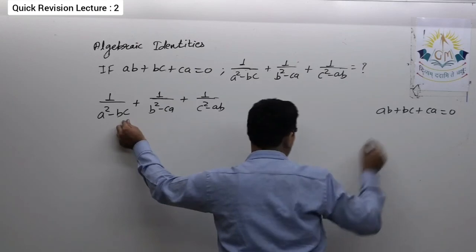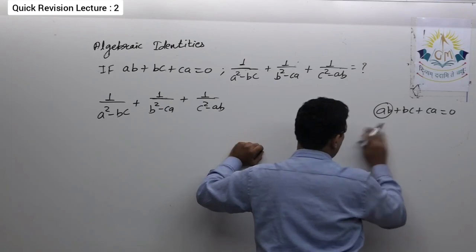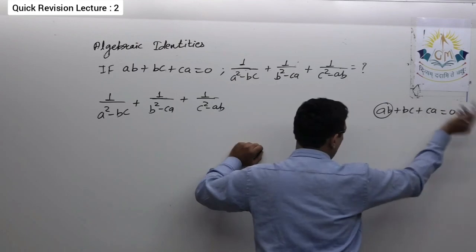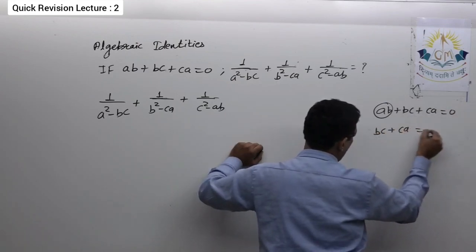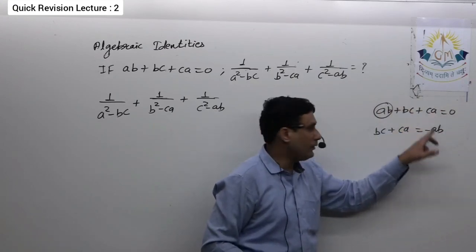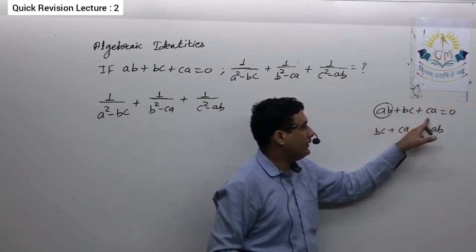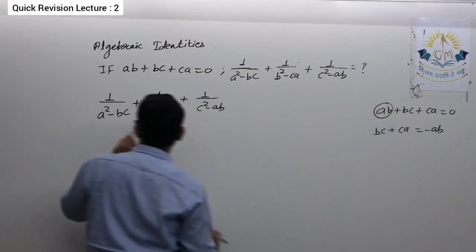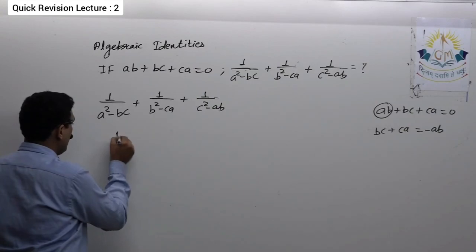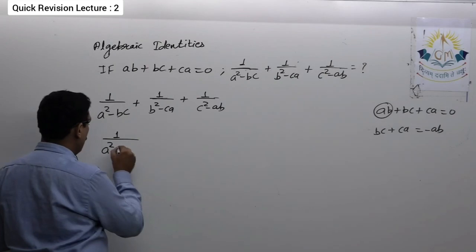So if I take AB on that side, I will get BC plus CA equal to minus AB, isn't it? Similarly, if I take BC on that side, I will get AB plus CA equal to minus BC. So I am trying to replace these terms: minus BC will be equal to AB plus AC.